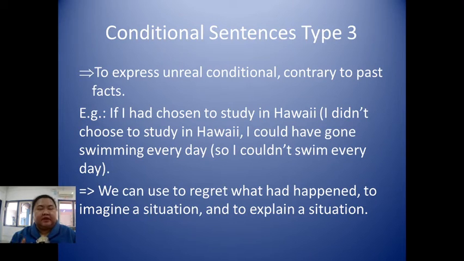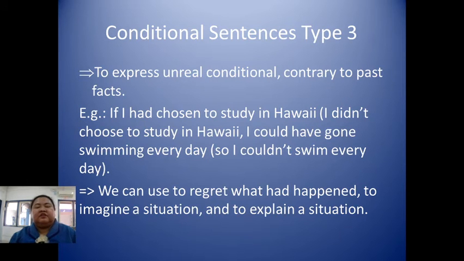Okay, so this is again another brief summary of what you have in your book. That would be the use of conditional sentence type 3 to express unreal conditions contrary to past facts. So in here, I give another example. I had chosen to study in Hawaii, well, I didn't, so I didn't choose to study in Hawaii.